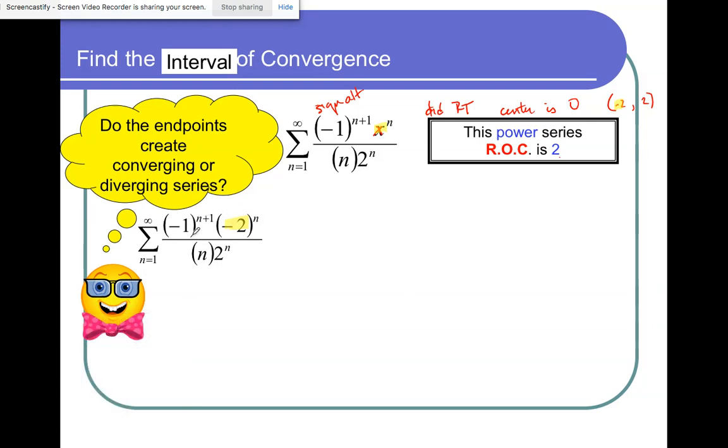Split this up so that you have another -1. So I have -1 to the n plus 1, -1 to the n, and 2 to the n. Do you see where I did that?